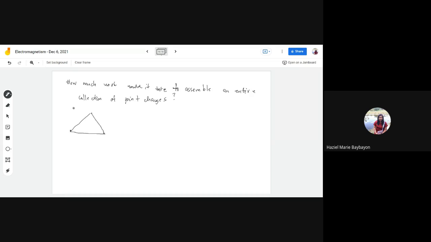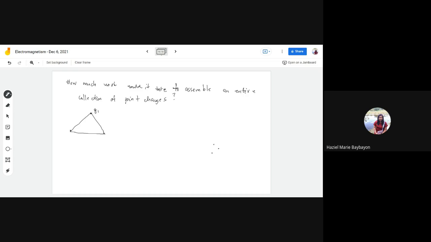Okay, so from infinity, and then we want to assemble it in such a way that it forms something like this. Say for example, this one. Let us start with point charge 1 with charge Q1. So let us bring these point charges one by one from infinity.